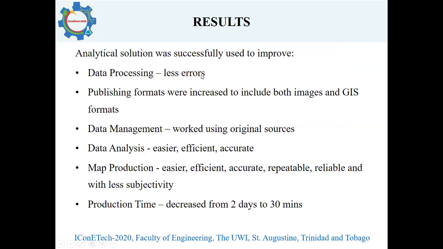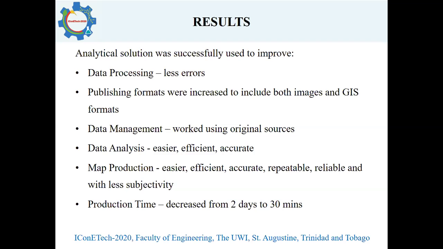The results: the processing was found to be far better, with fewer errors in the analytical solution. Through the analytical solution, we were able to publish many more products in different formats. The data management was much better. The analysis was easier, more efficient, and more accurate. The map production was, again, easier and efficient.